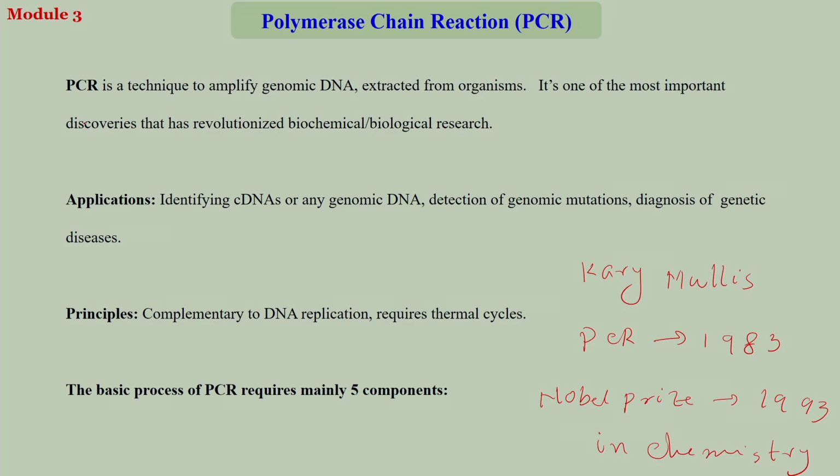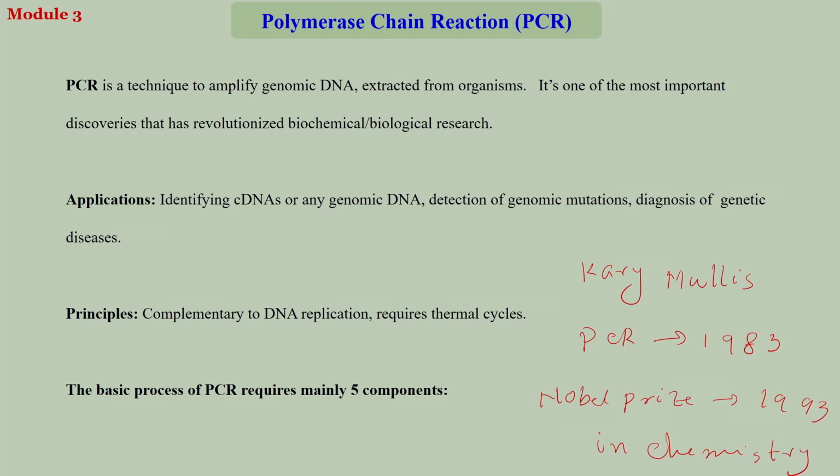So, PCR is a technique to amplify genomic DNA that we have extracted from organisms. It is one of the most important discoveries that has revolutionized biochemical and biological research. It is very true. What are the applications?